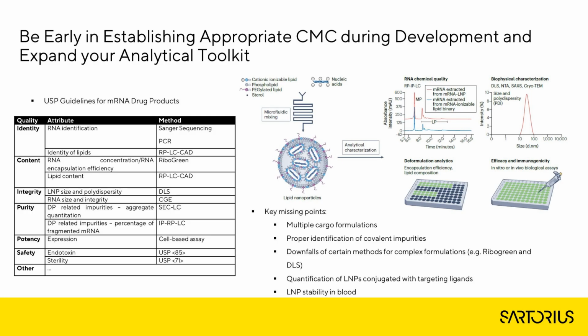If we focus on this draft guideline, one of them is multiple cargo formulations. Once you have multiple cargos within your drug product, meaning, for example, CRISPR mRNA plus guide RNA, mRNA plus DNA for certain CAR-T applications, or multiple RNA products for combination vaccines, you will need to address that heterogeneity, which is even higher than with a single nucleic acid.